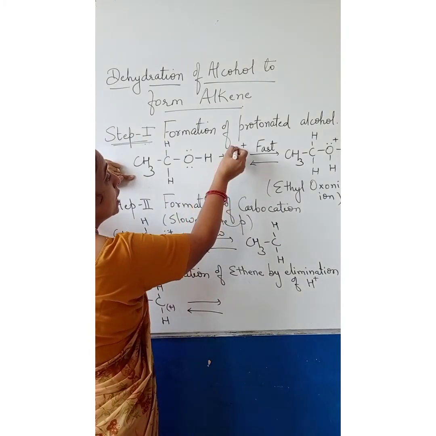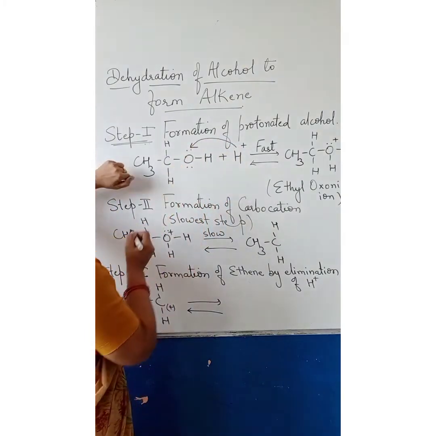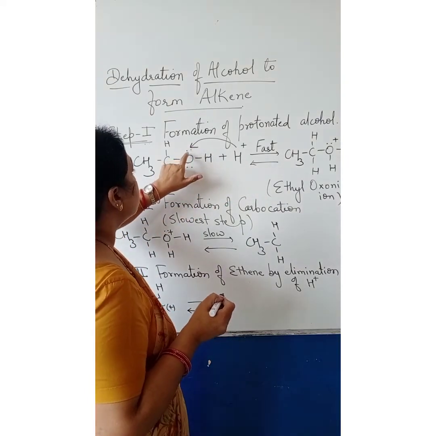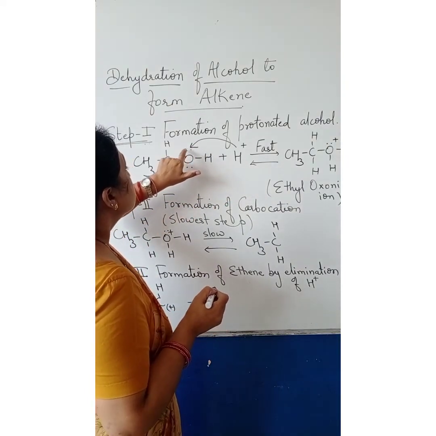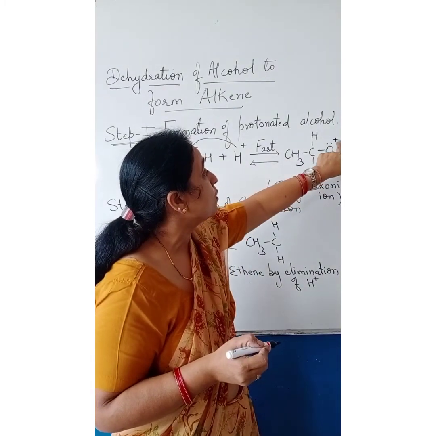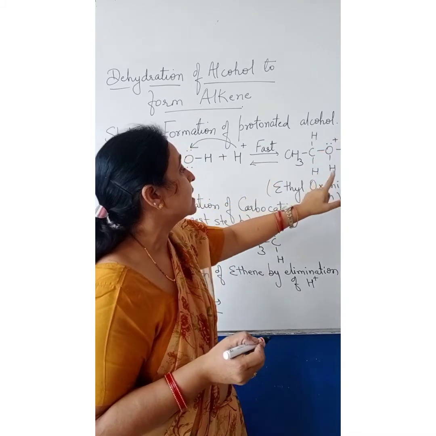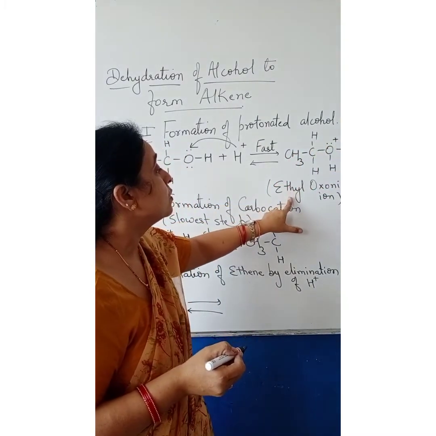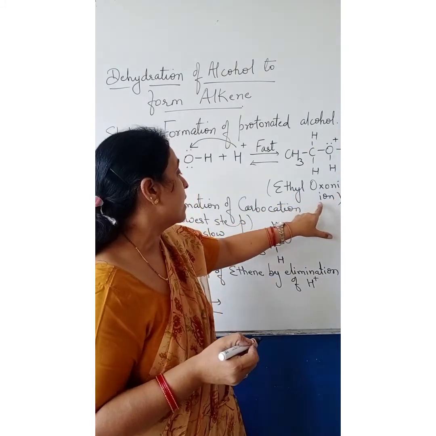The proton is going to attack the electron-rich site. This is a fast process. So one of the lone pairs is used up in forming a bond with hydrogen. So oxygen develops a positive charge, and this is a protonated alcohol, which is also known as ethyl oxonium ion.